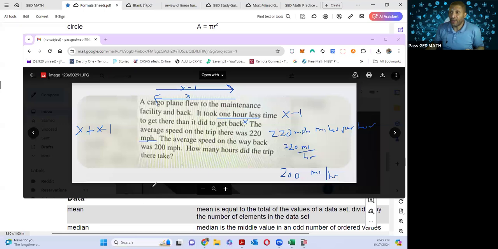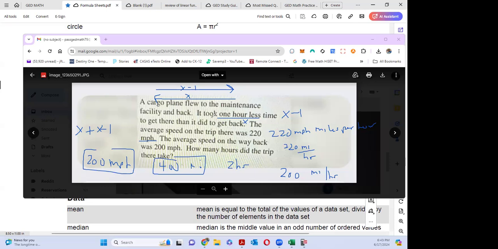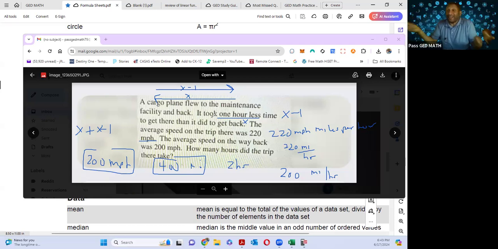For example, if I'm going 200 miles per hour and I went 400 miles, that means it would take me 2 hours. Just because you know this speed, you don't know the distance. Nowhere in here does it tell you the distance. They didn't give you how much distance it took to reach. So you can't answer this question.